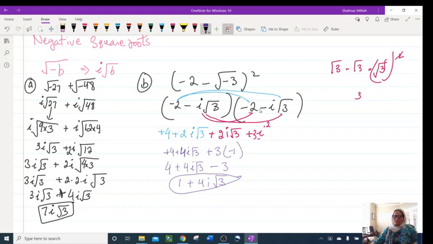Okay, we're good. If I made a mistake, just comment below and I'll fix it. Probably I'm messing up with the signs, but I'll check one more time. Negative times negative is positive 4. Negative times negative is positive 2i square root 3. Negative times negative is positive. I think we are okay.